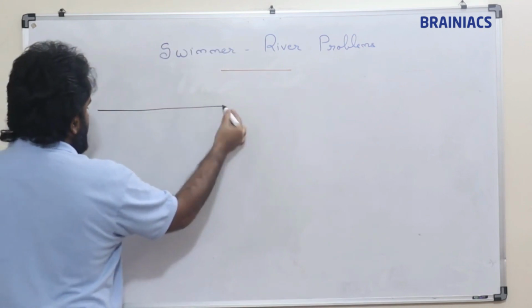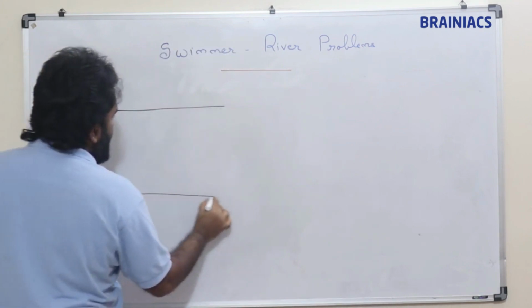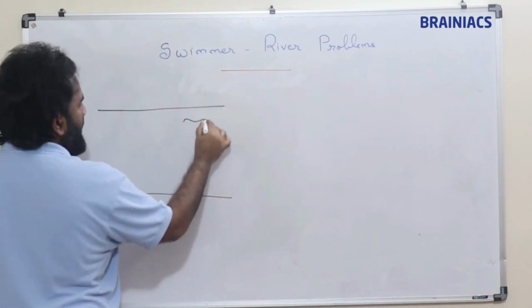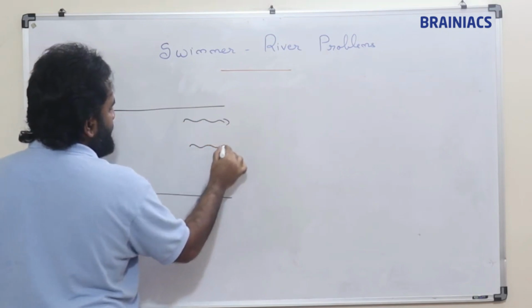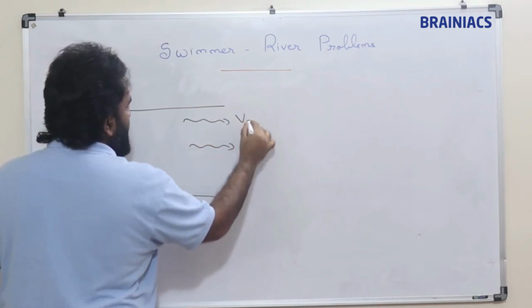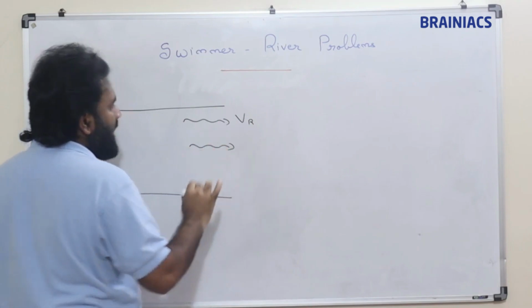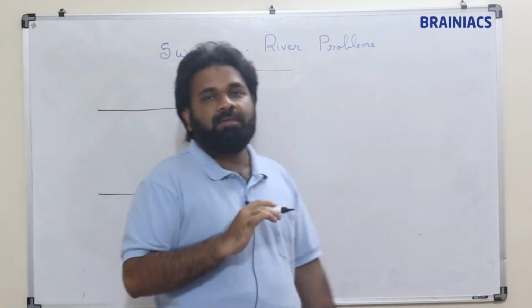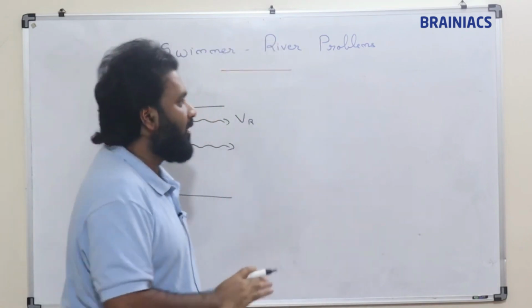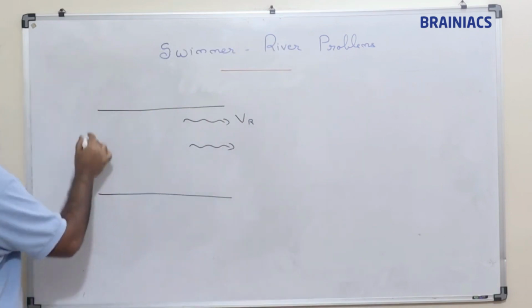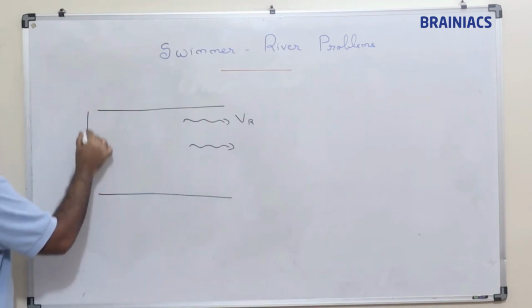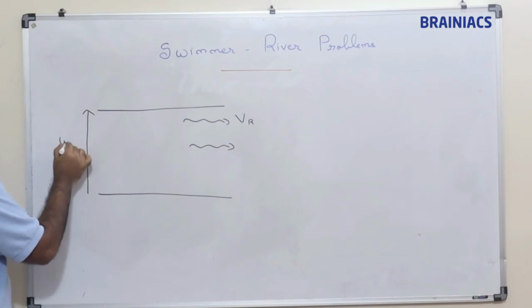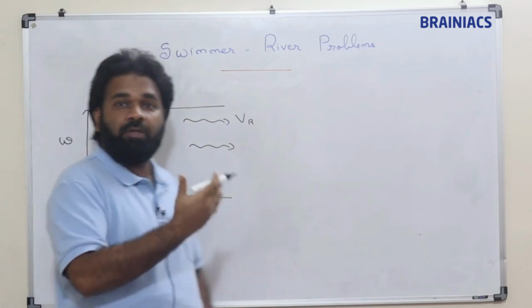Suppose if this is a river, so this river will have a velocity, we can say VR, velocity of the river, and this river will have a width also.